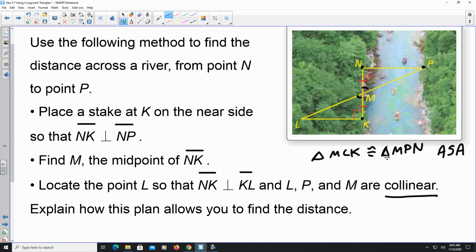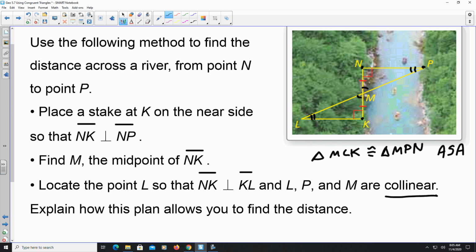All right, so because of that statement, now all of the corresponding sides are congruent and all the corresponding angles are congruent. So, for example, whatever this angle is, L, and whatever this angle is, P, is going to be congruent because of corresponding parts of congruent triangles are congruent. Well, they want you to figure out the distance.